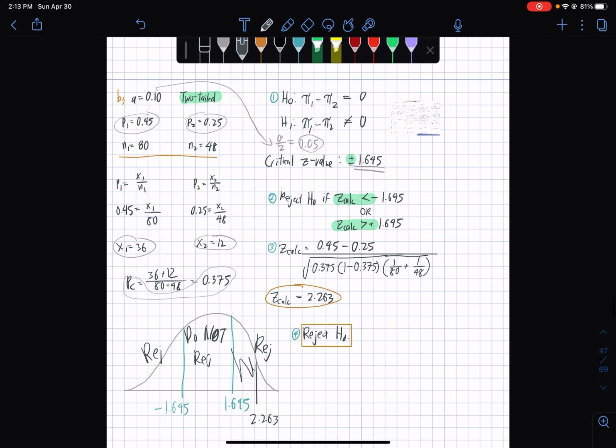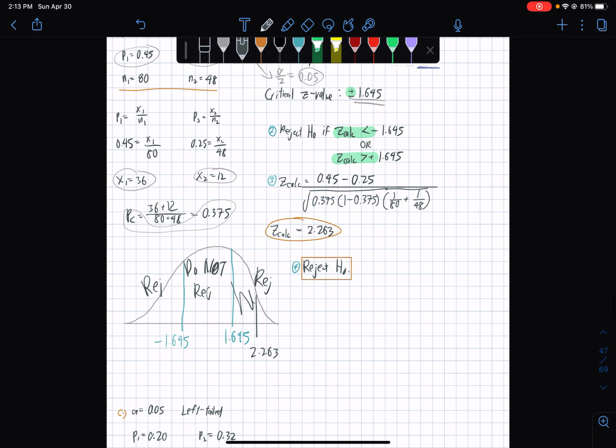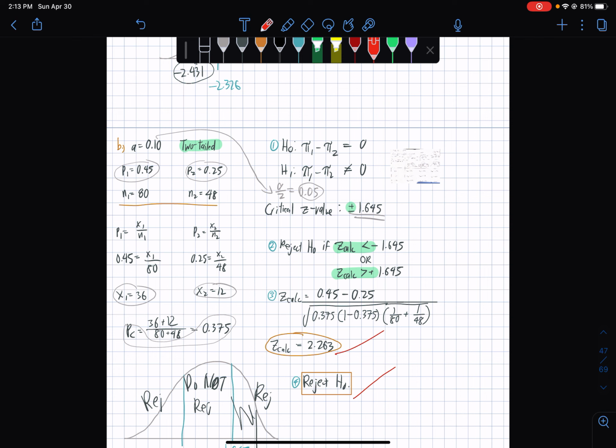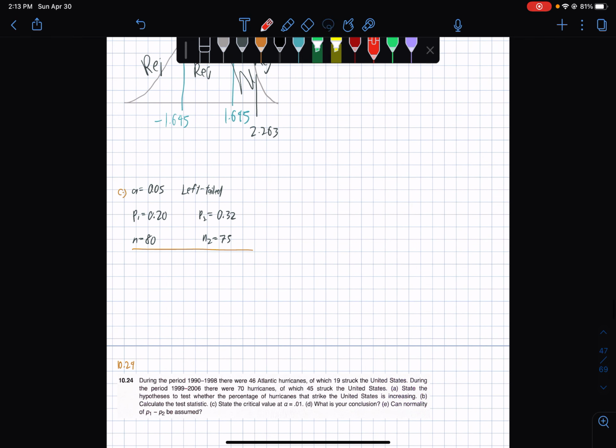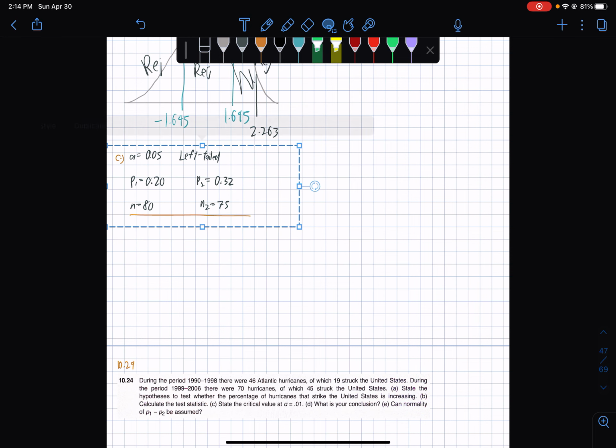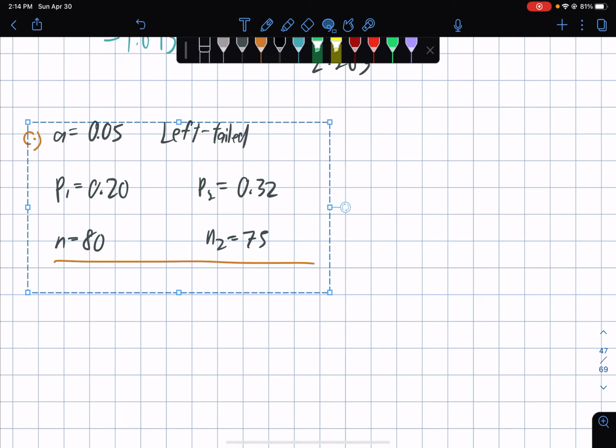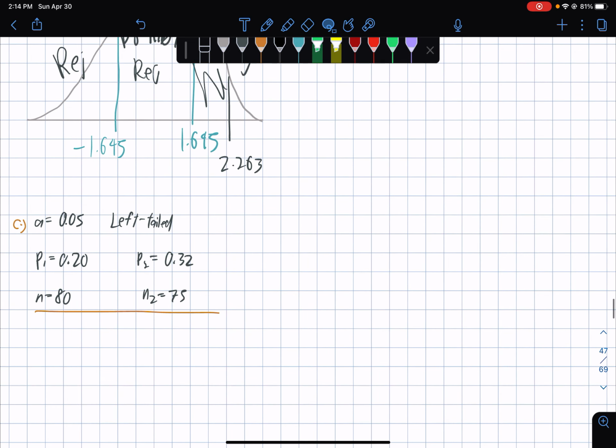Okay. Let's check if I have the same answer as the ebook. And this is 10.23, letter B, 2.263, reject H0, and then critical value is plus minus 1.645. Very good. Let's go with C. You know what?